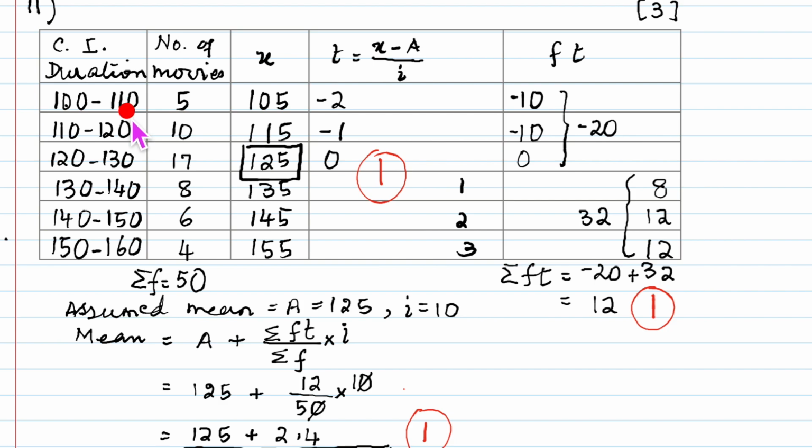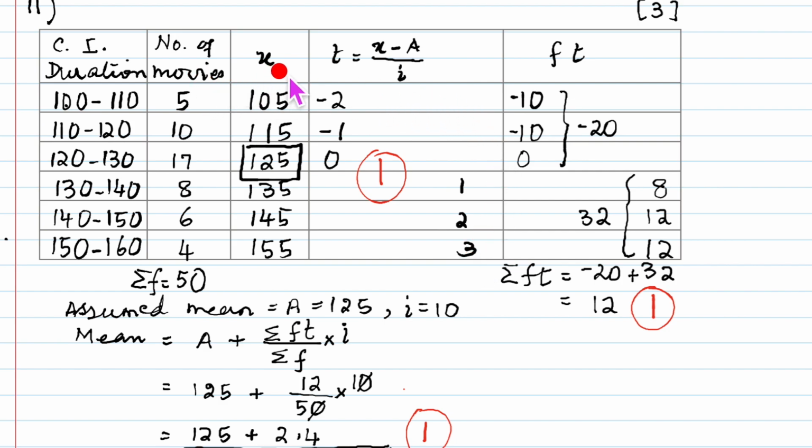The value of i here is the class width, and that is 10. So minus 20 upon 10 gives us minus 2. No need to show those calculations here. Just write minus 2, then minus 1, 0, and here it will be 1, 2, 3.